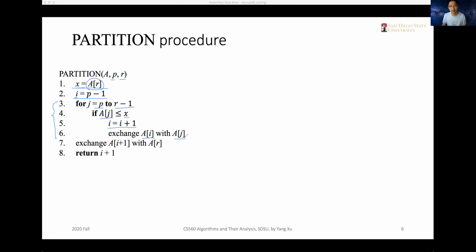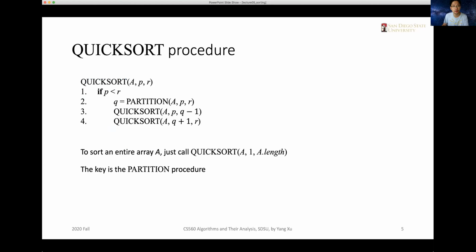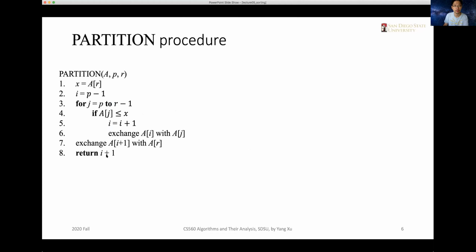There's a bunch of exchanges to be done in the for loop, and after the for loop ends, we exchange the pivot, which is A[R], to the middle. The index of the new position for the pivot will also be returned. After A[I plus 1] is switched with A[R], the pivot is at position I plus 1, and that index will be returned. According to the previous quicksort, we need to use the index Q, which indicates where the pivot element is. That's why in the partition procedure, we need to return I plus 1.